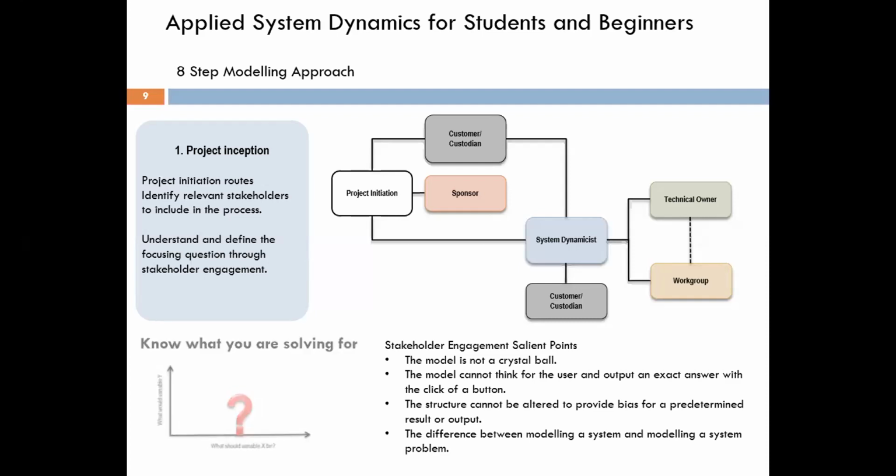The other important thing to note in this stage is, this looks like a very simple visual, but you need to know what you're solving for, right? So in terms of the variables here, you must understand what your X and Y variables will be on the axes. Now, this doesn't mean that if you're asking what the graphical output should look like, that you're already prescribing a preconceived result.